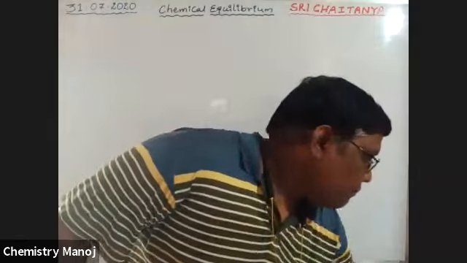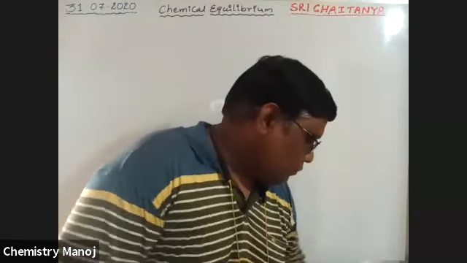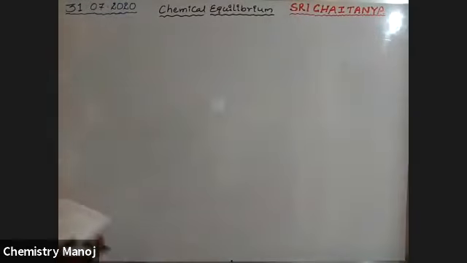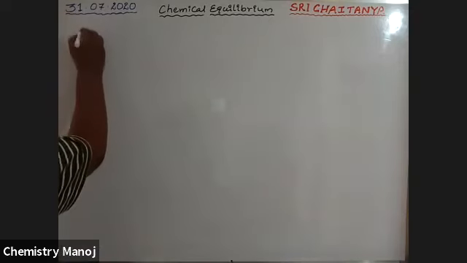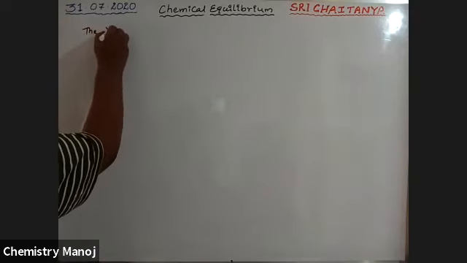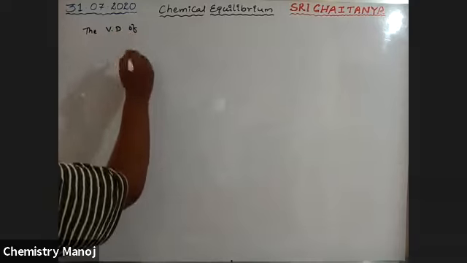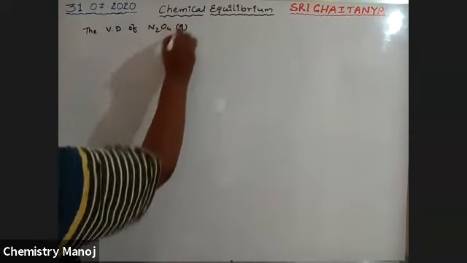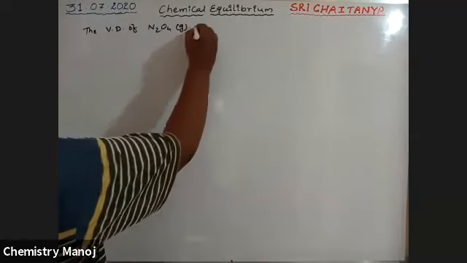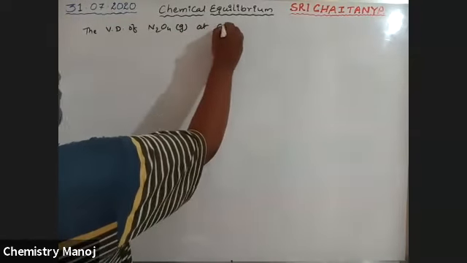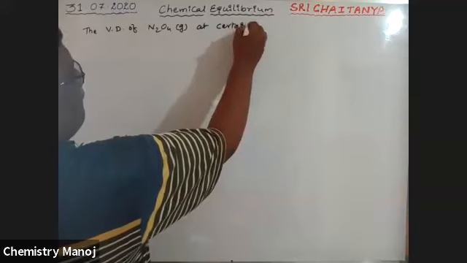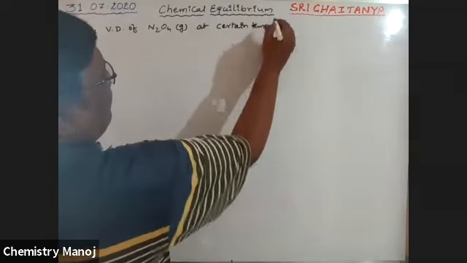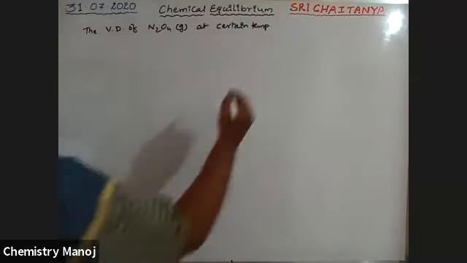See here. The vapor density of N2O4 gas at a certain temperature is 30.